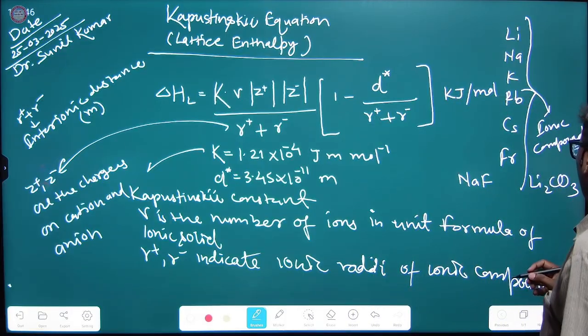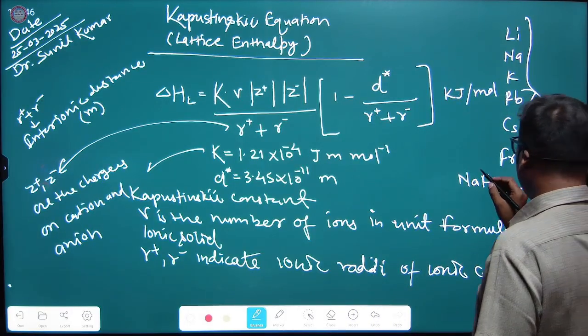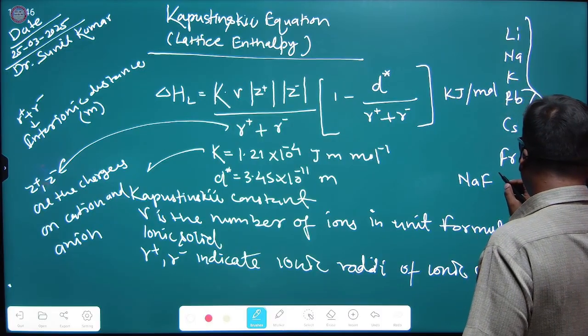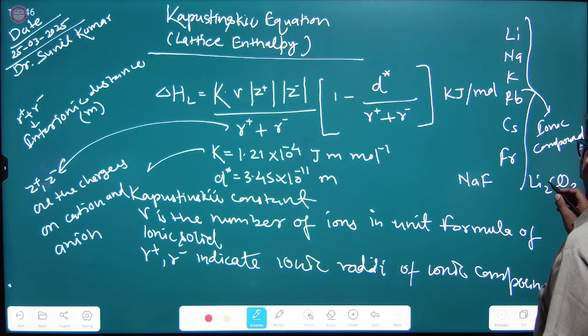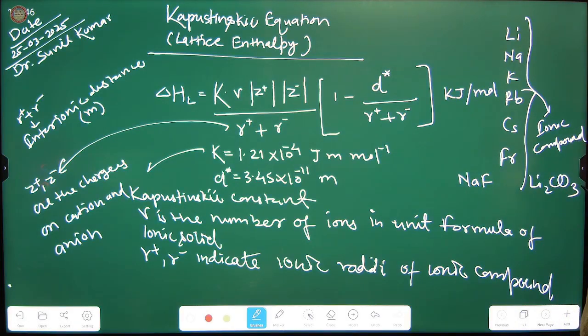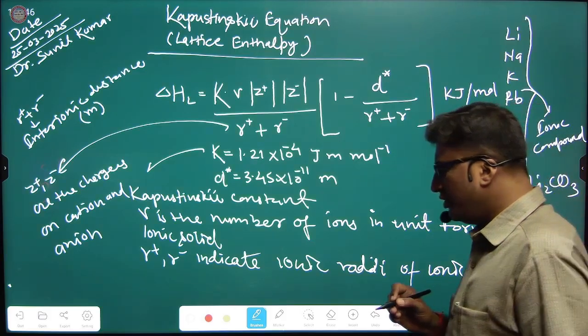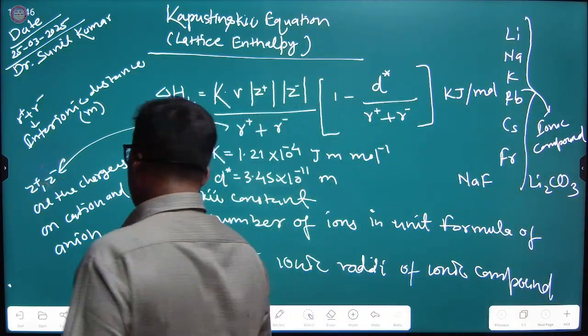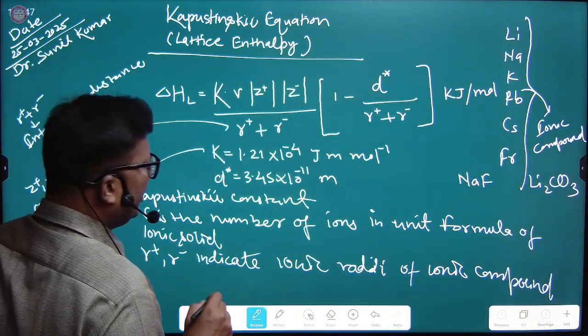These are ionic compounds because they have Na+ and F-, and here Li+ and carbonate as a polyanion, right? So in ionic solids, both cations and anions exist.